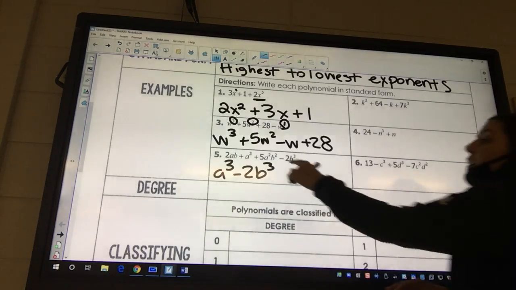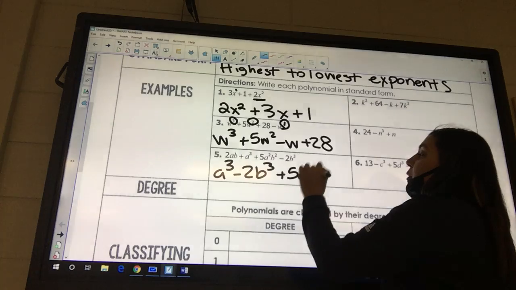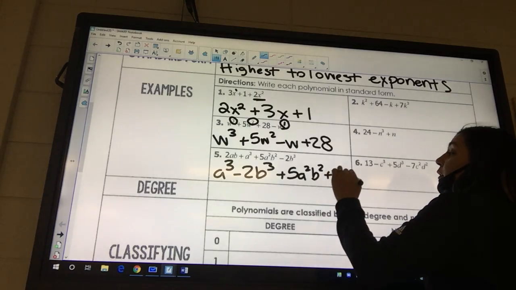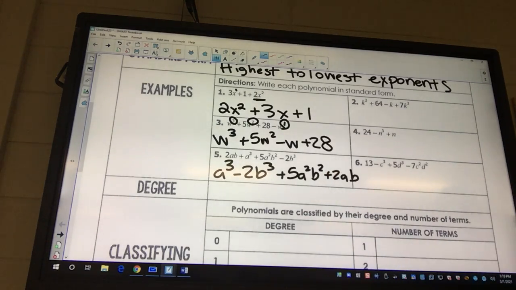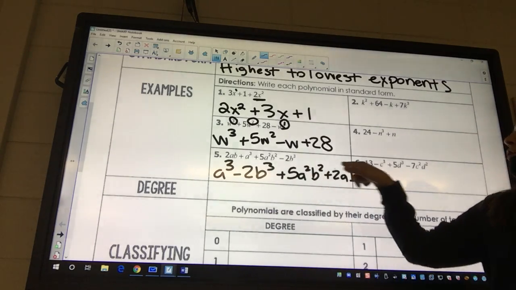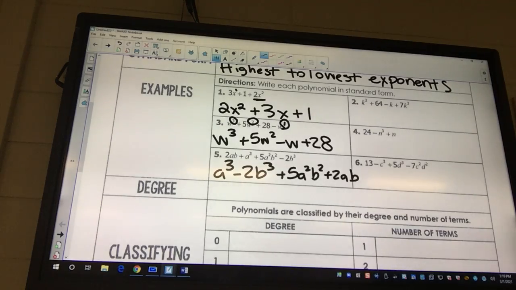Yeah, the 5, because these exponents have 2, so plus 5a squared b squared, and then what comes next? 2ab. Okay, so if we look at this, you can see it goes 3, 3, 2, 2, and these have a value of 1. We go from highest to lowest. It's just rearranging the stuff around.